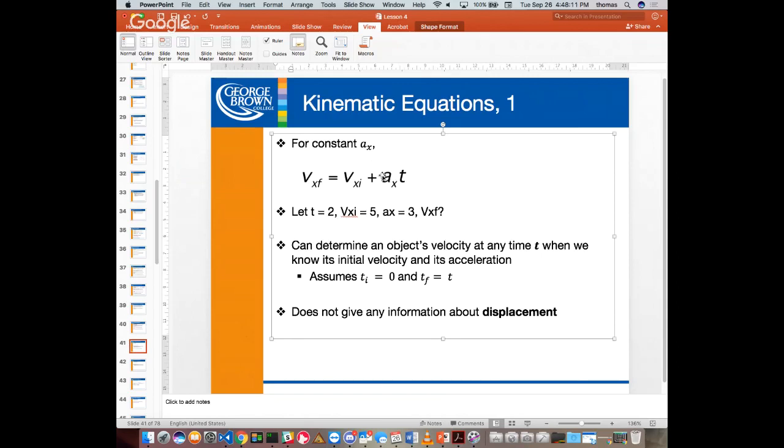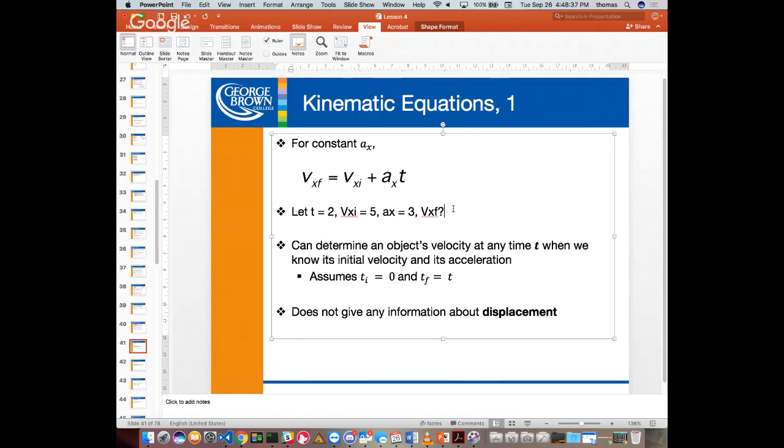So I take the acceleration, which is 3 times 2, which is 6, plus the 5. So my final velocity is 11. Okay? It's pretty simple. And meters per second. Always meters per second, unless I say something on an assignment like pixels per frame. Some kind of units that I give you. Okay?